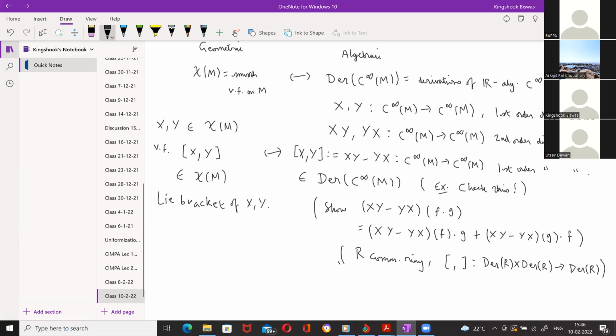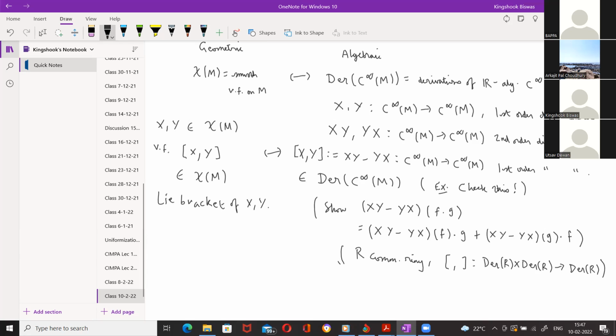Understood? So there's no manifold, no coordinates, nothing. It's just pure algebra. Is it clear now? Yes, sir. You just have to check the derivation property. Linearity is clear because composition of linear maps and sum and difference of linear maps is linear. You just have to check the Leibniz rule.